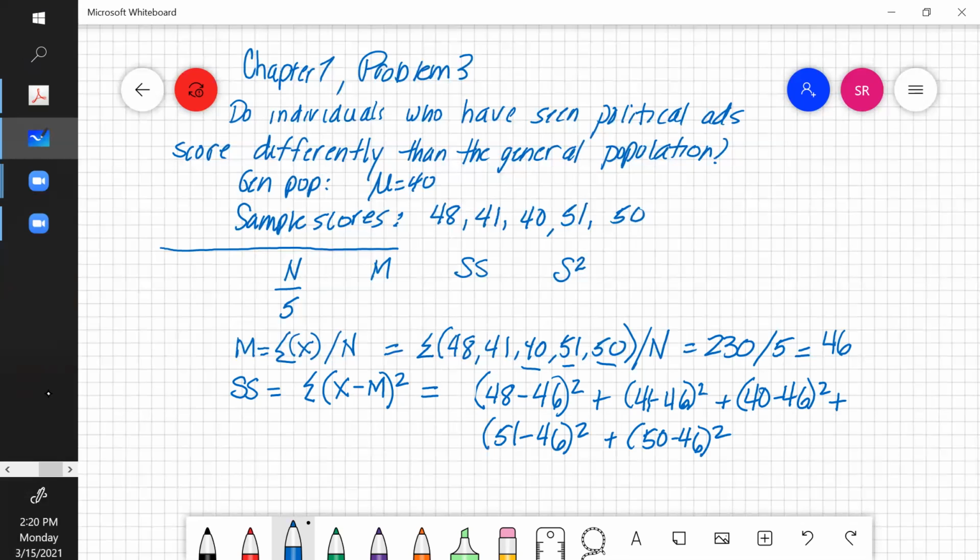And if we sum all of those up, let's take it a step further, equals 2 squared plus negative 5 squared plus negative 6 squared plus 5 squared plus 4 squared.